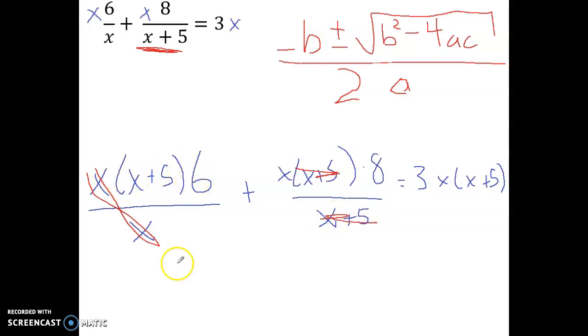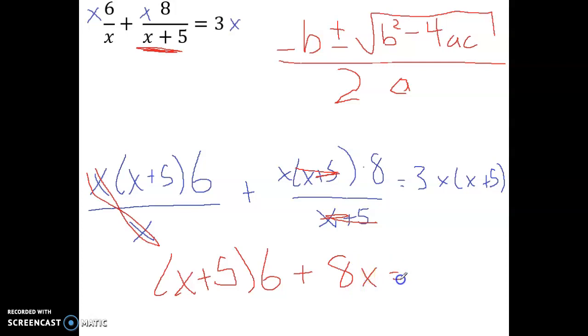We have an x plus 5 times 6, and here we have an 8 times x, and over here we have, I'll go ahead and distribute, 3x times x is 3x squared, and 3x times 5 would be 15x.